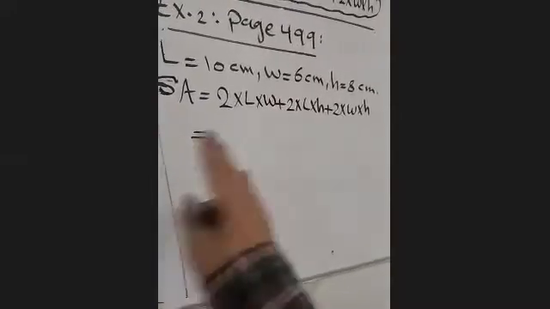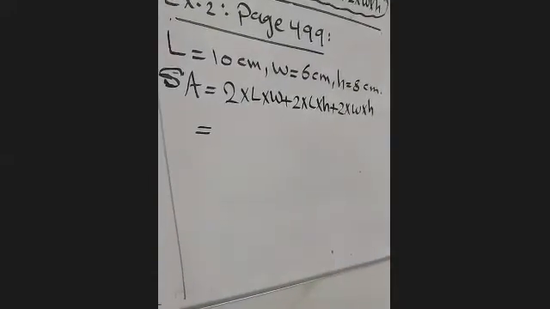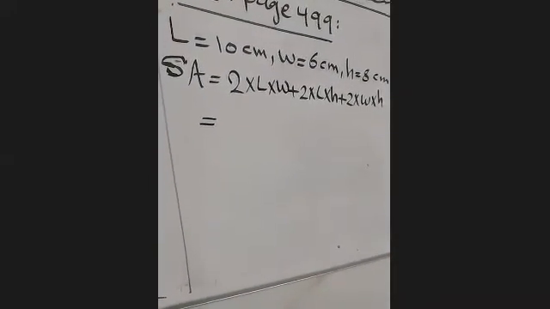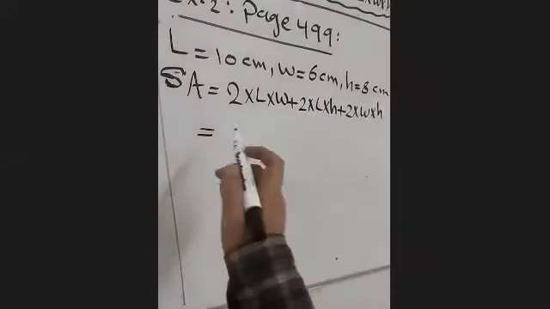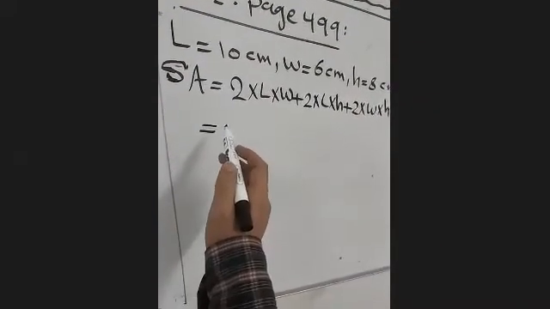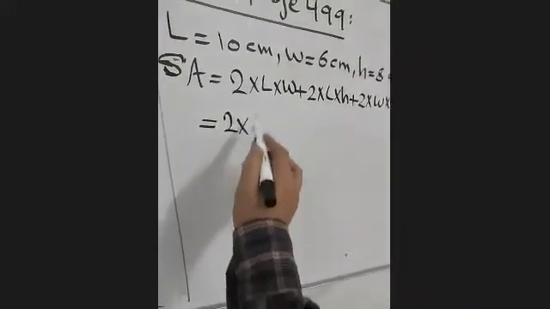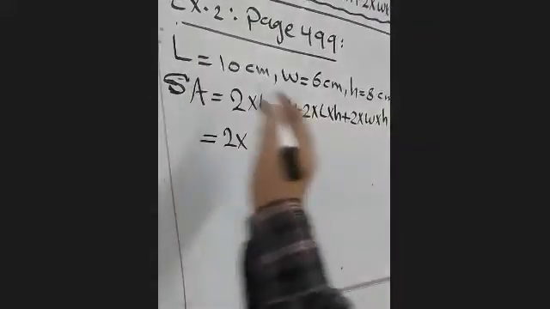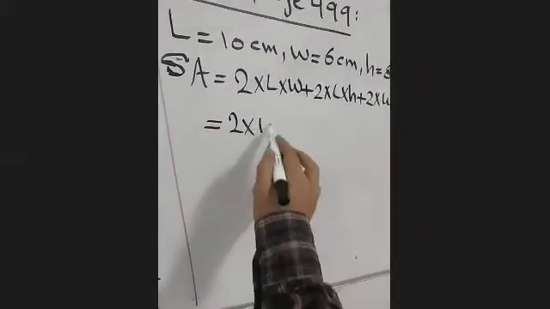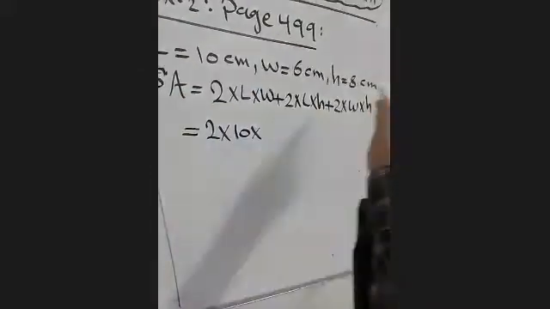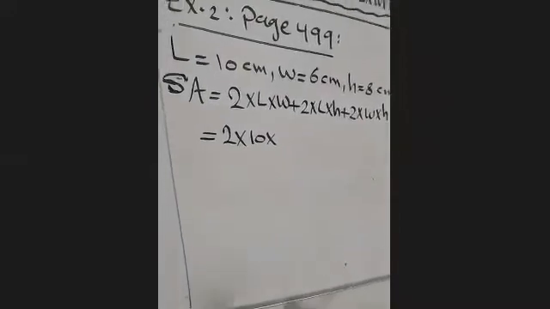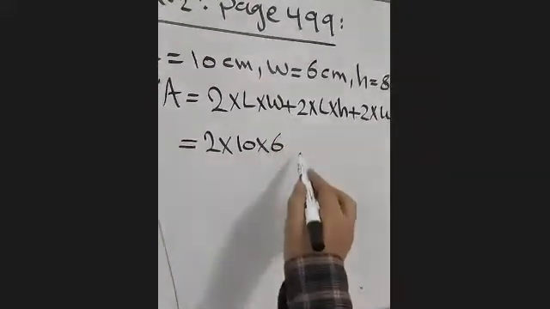What we will do now? I wrote the formula for you. We will change the variables to the number. What I will do here? 2 multiply length. How much? 10. Multiply width. How much? 6. Plus 2 comes down.